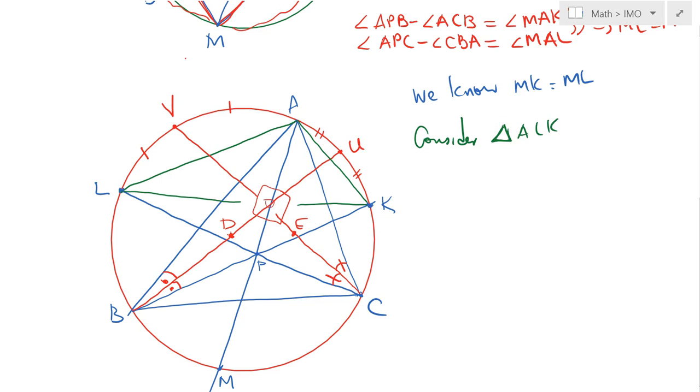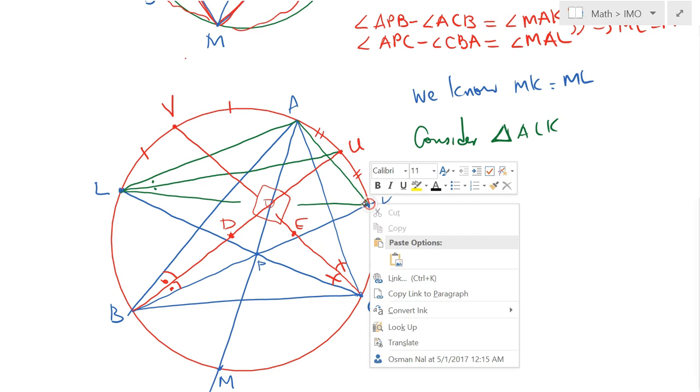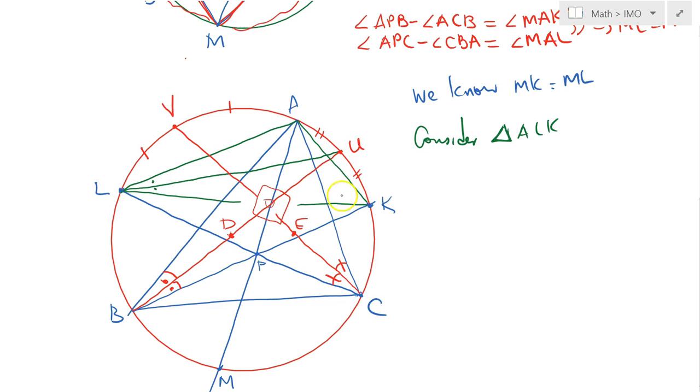Notice that in this triangle ALK, U is the midpoint, V is the midpoint. If I draw LU, that's an angle bisector here, so that angle is equal to that angle. In a similar way, if I extend KV, that would be an angle bisector as well. But I need to be very careful. I claim that KV and LU will meet at this point here.